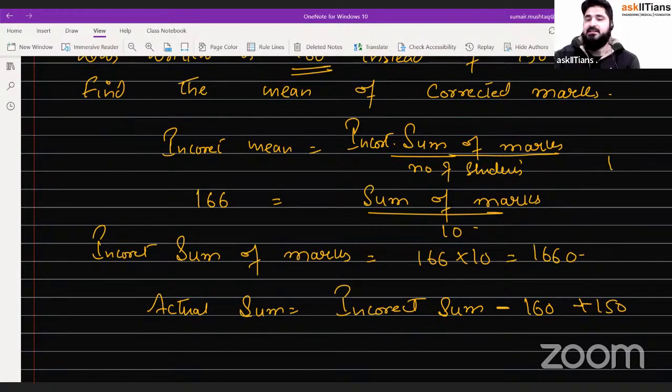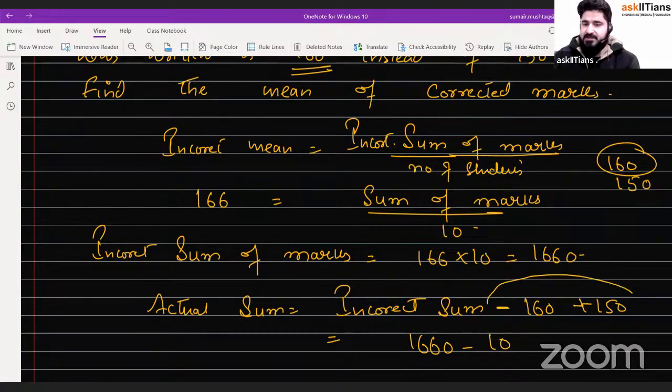I had written 160, but I need to write only 150. That means I wrote 10 marks extra. So the actual sum is 1660 minus 10. You can just write negative 10, because 10 marks were extra. Is that okay?